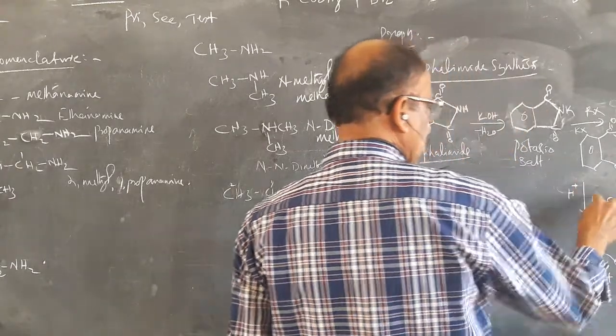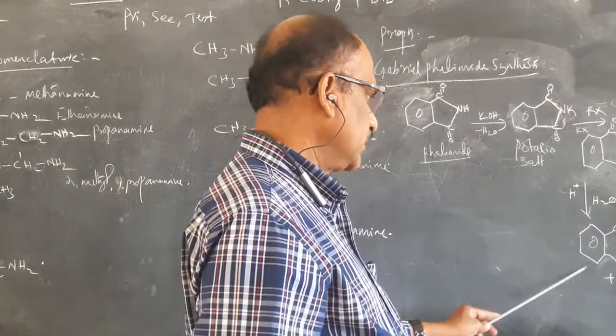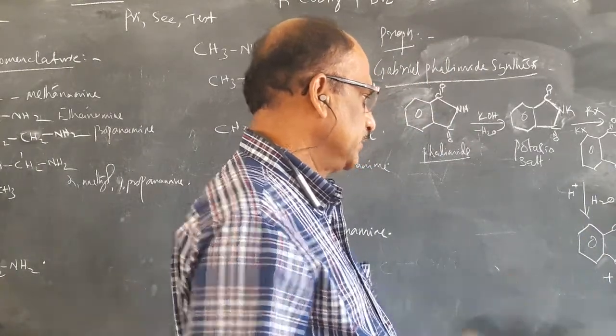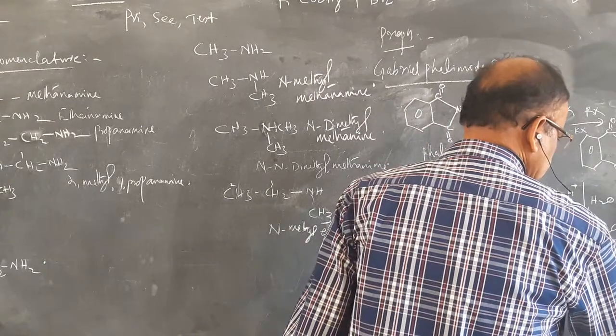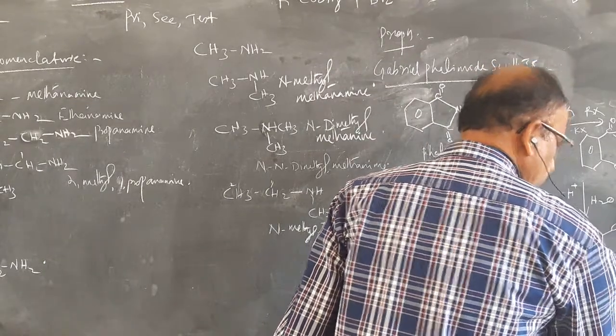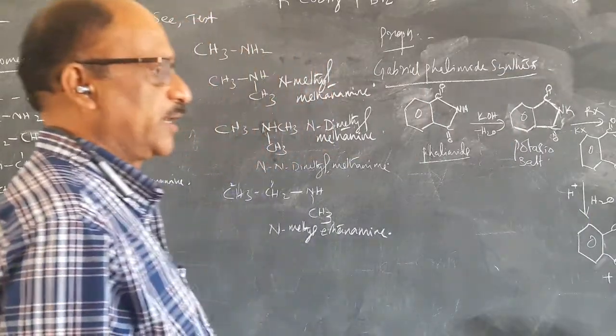On hydrolysis, the last step, you are getting phthalic acid and RNH2. RNH2 is a primary amine.